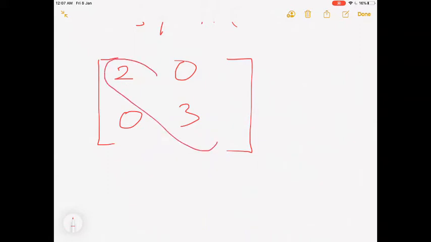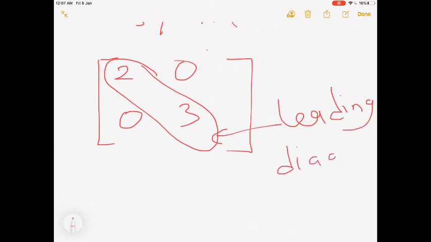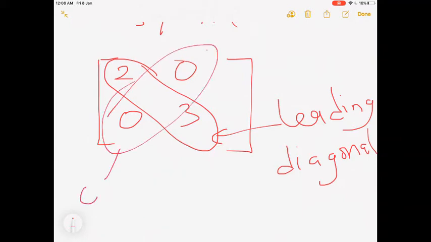The diagonal you make with your right hand is called the leading diagonal in a matrix. This is the leading diagonal. The other diagonal, as the name suggests, is called the other diagonal.